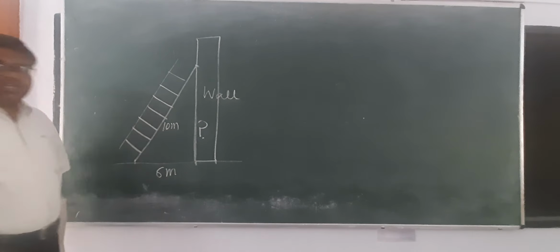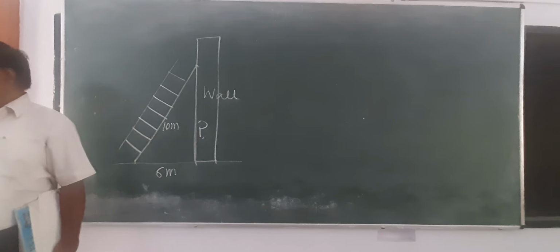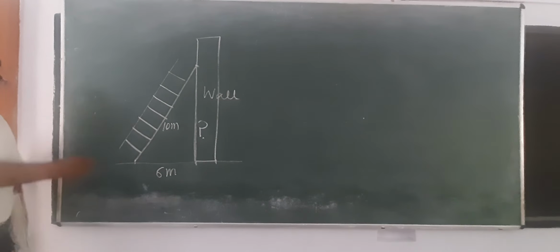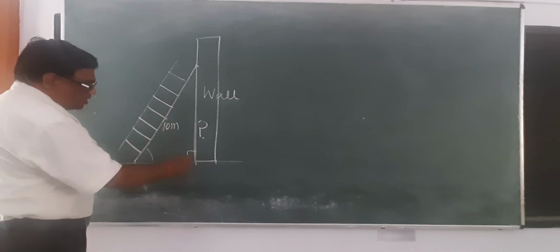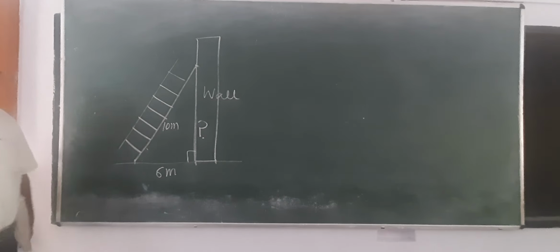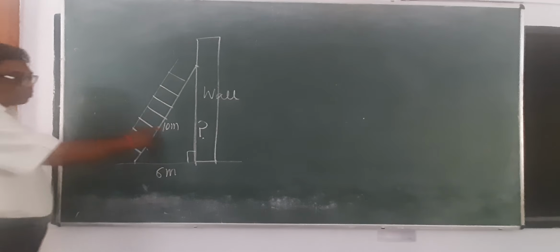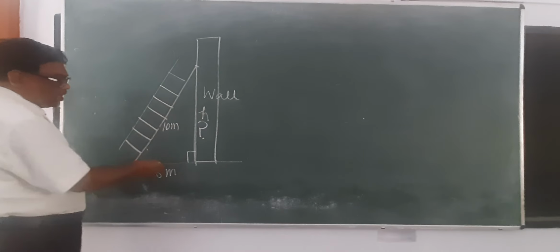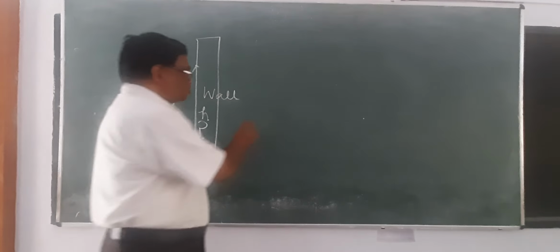Now here which angle is of 90 degree? This angle is of 90 degree. When you apply the Pythagoras theorem, what will you get? 10 square equals h square plus 6 square.